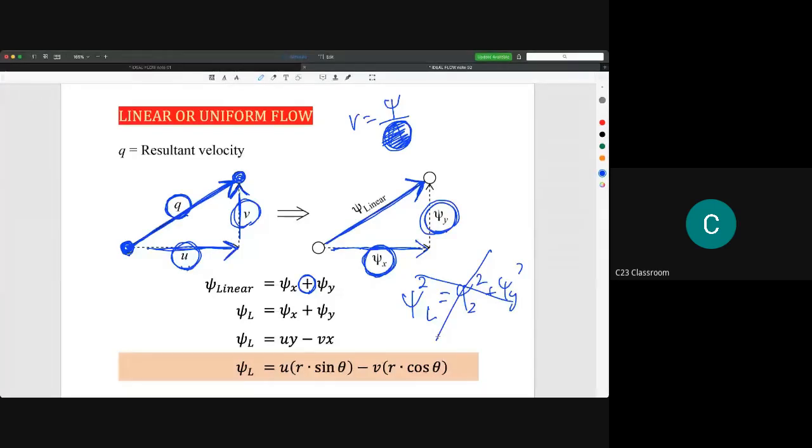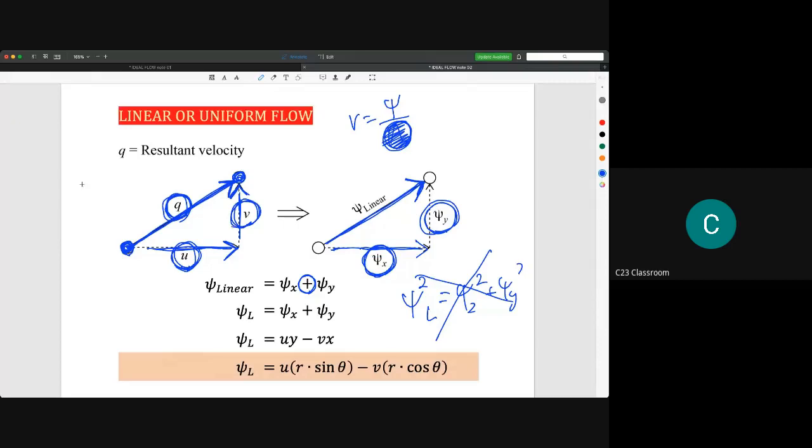For velocity, yes, you need to understand that q squared is equal to u squared plus v squared. Why do we use that equation? Because velocity is a vector. But psi, I'm sorry, psi is a flow rate, so it is a scalar. For a scalar, we just need to add the magnitude only.